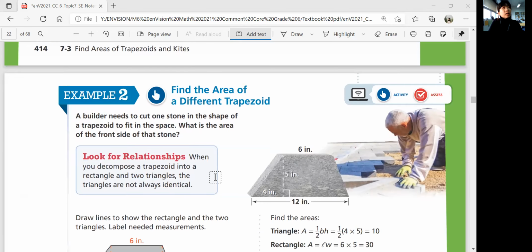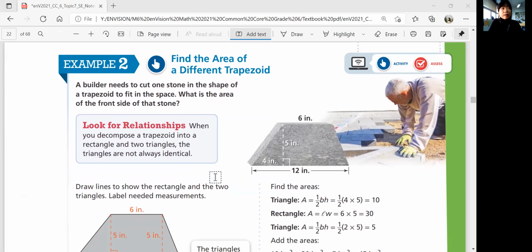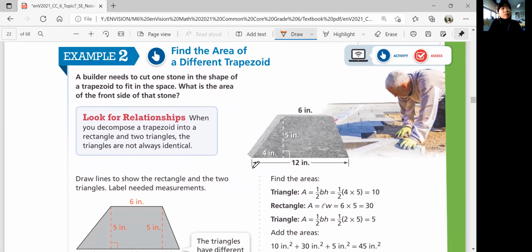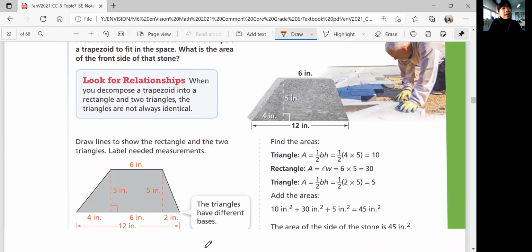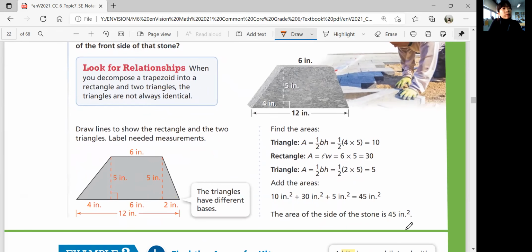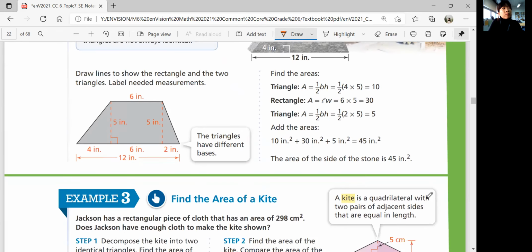Okay, let's look at the next page. Example 2. Find the area of a different trapezoid. A builder needs to cut one stone in the shape of a trapezoid to fit in the space. What is the area of the front side of that stone? This is another trapezoid example, right? So you can find the areas of the rectangles and the triangles and add the areas, and it's going to be 45 inches square.